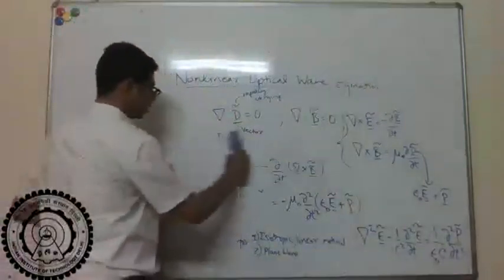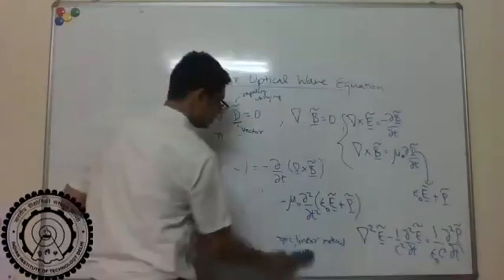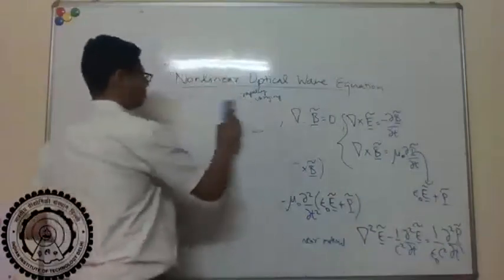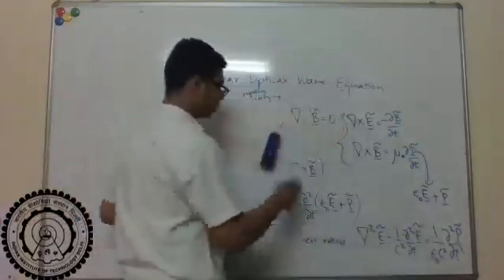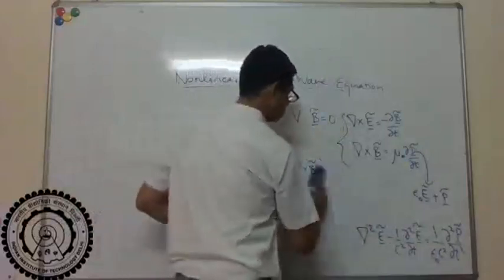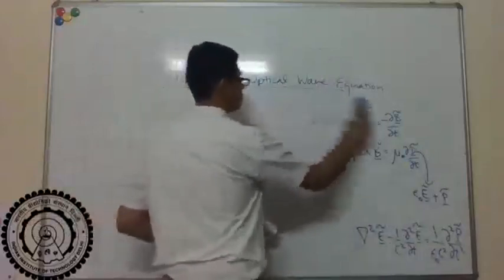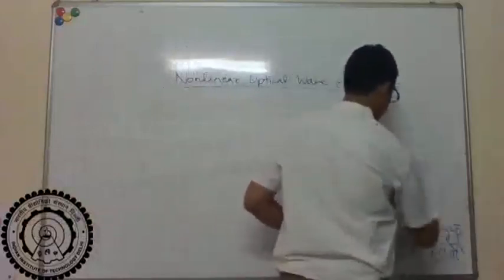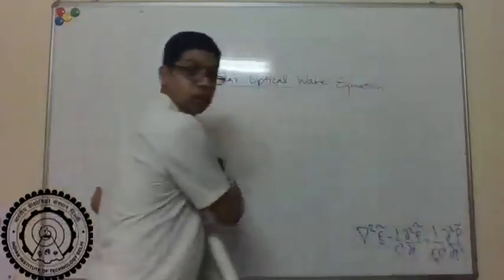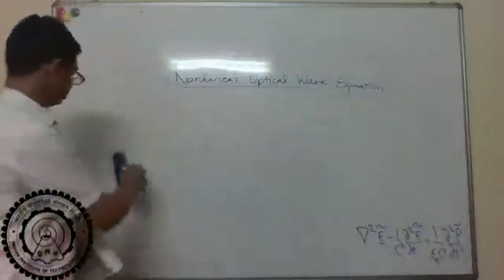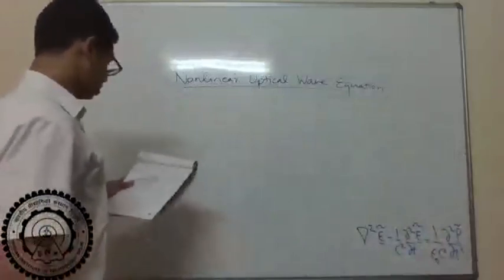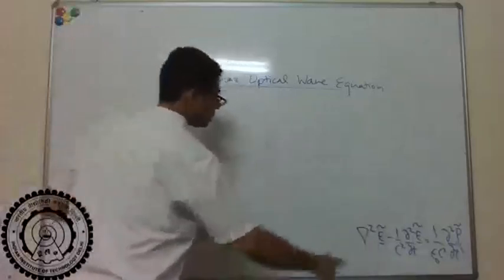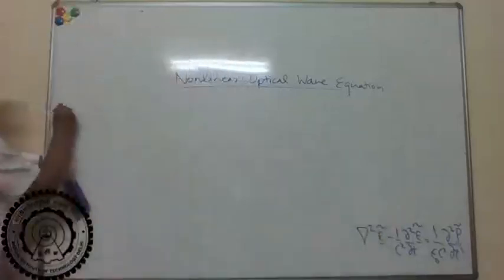Okay, so let me go ahead from that point. So again, in most cases, we'll be looking at different monochromatic fields interacting with each other, right? So now we can write the electric field as a combination of frequencies. Right, so the electric field is a function of both position and time.